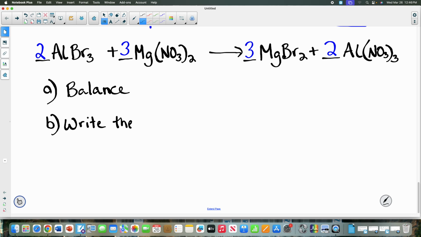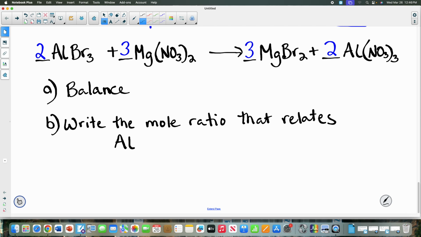The mole ratio that relates AlBr3 to MgBr2.